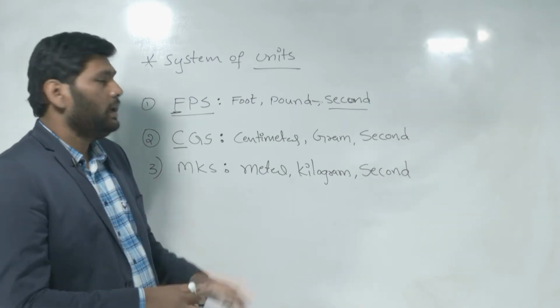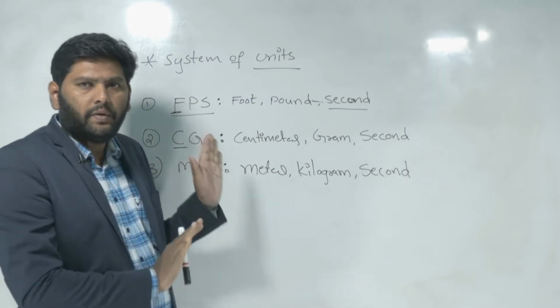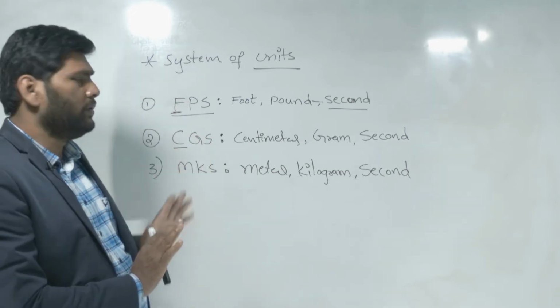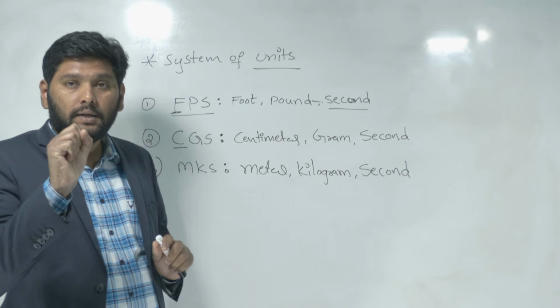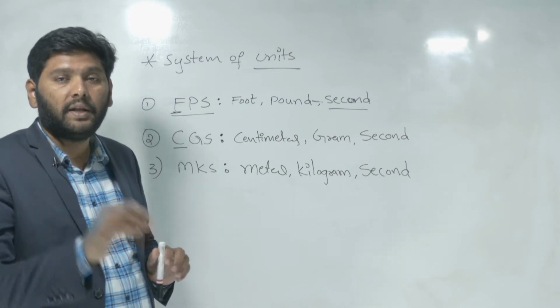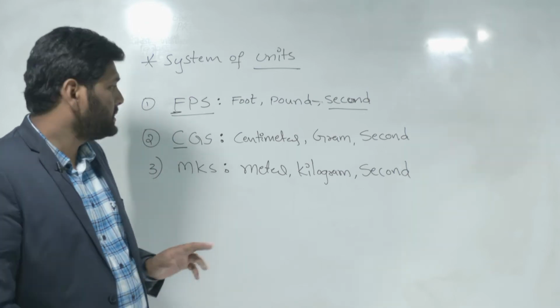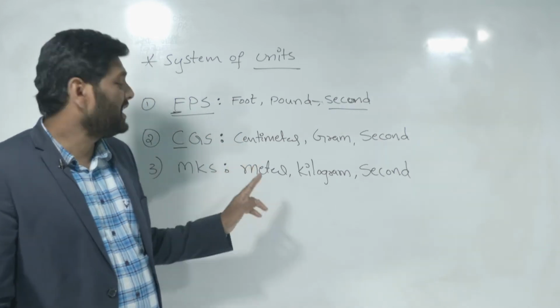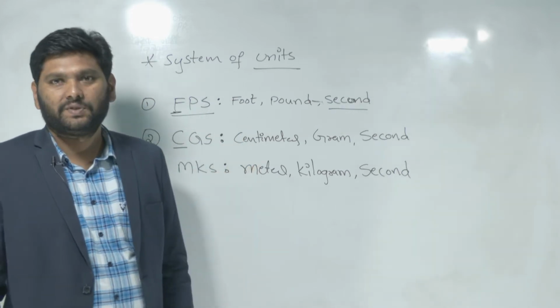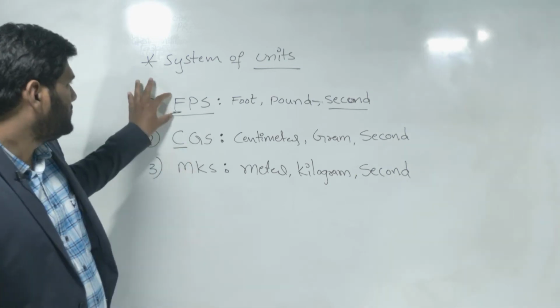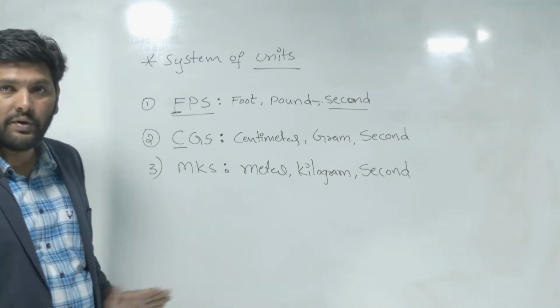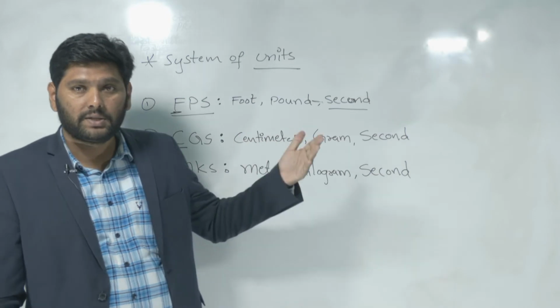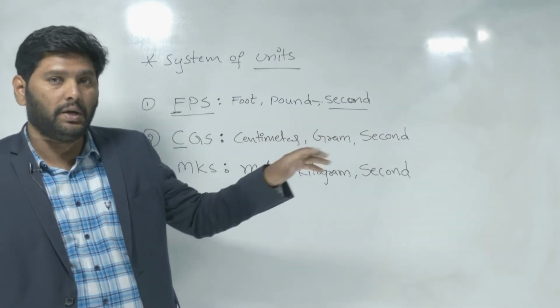It is okay with these systems of units. But what is the conflict here? The conflict is that foot cannot equal centimeter, and centimeter cannot equal meter. We have different systems of units.